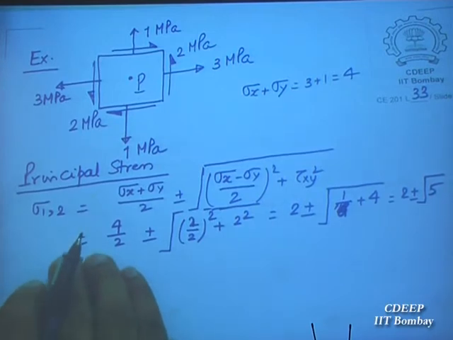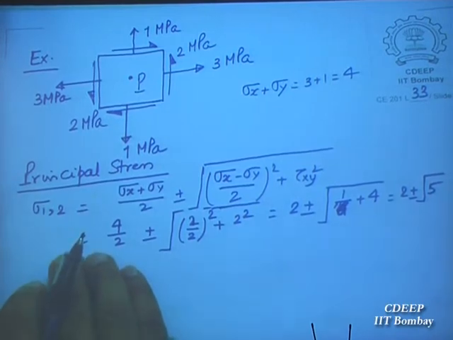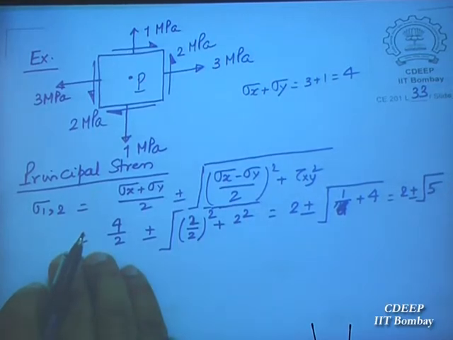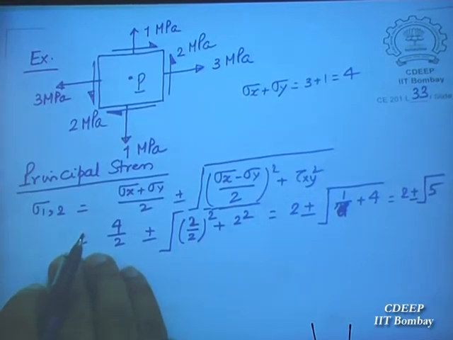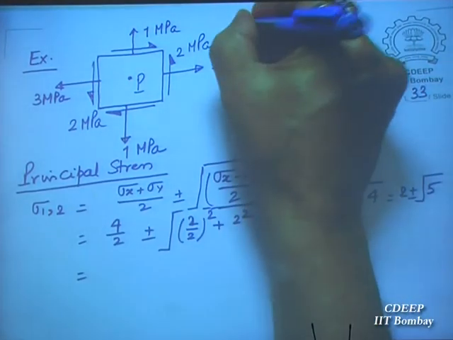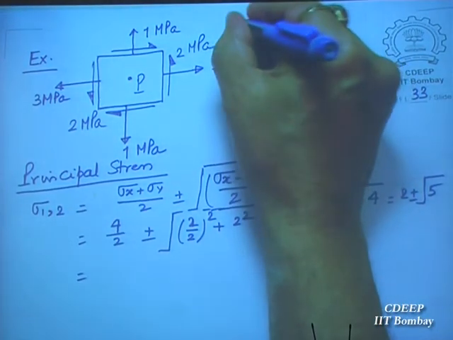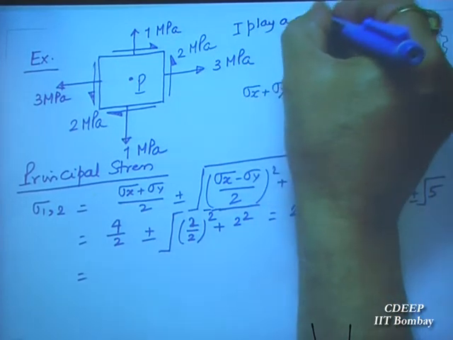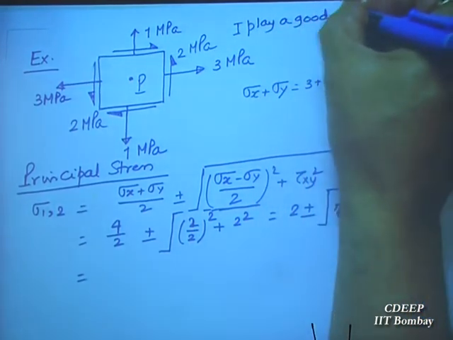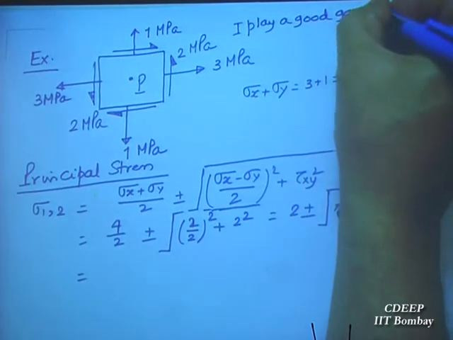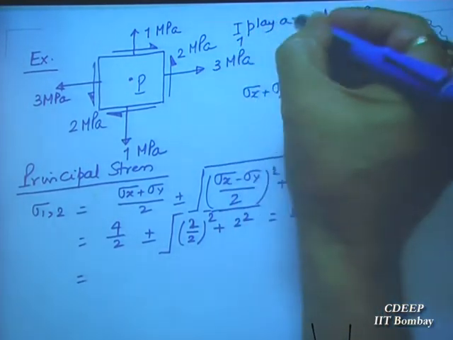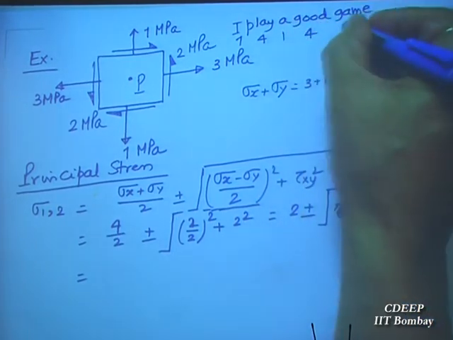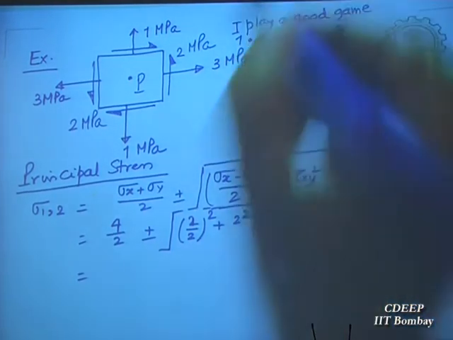I play a good game. I remember that, root 2 you were asking me. So this is 1, this is 4, this is 1, again 4, and this is 4. Put point.